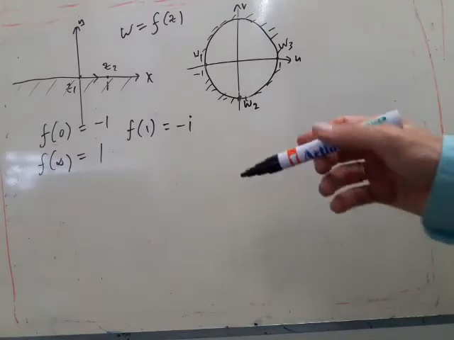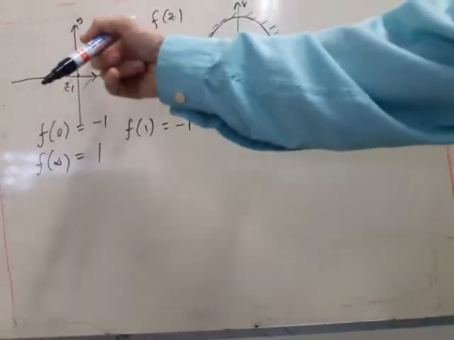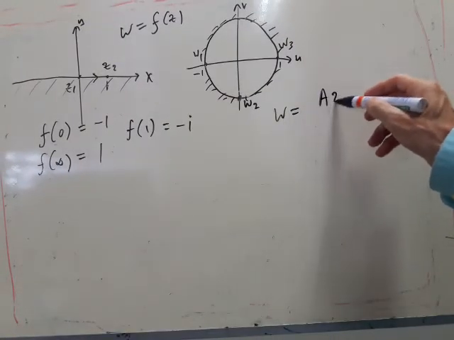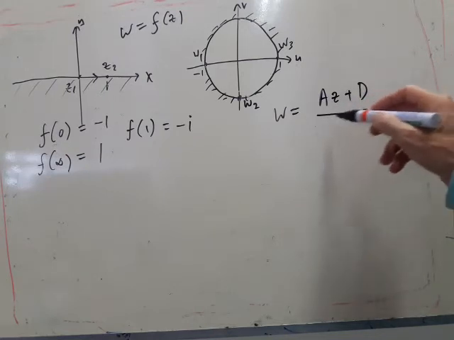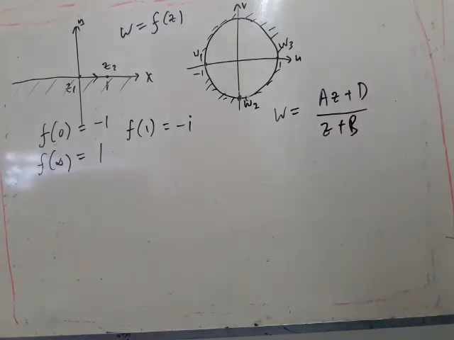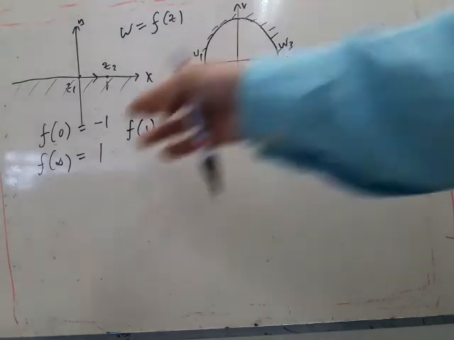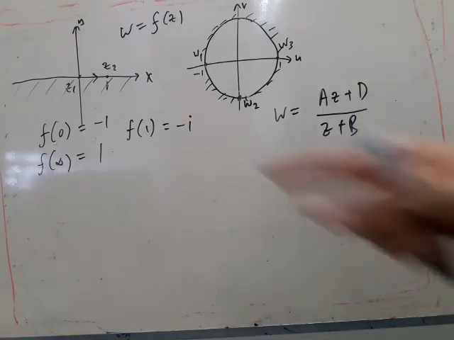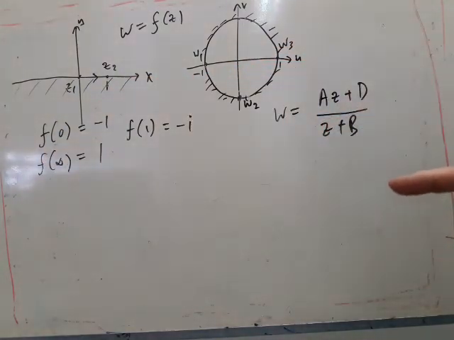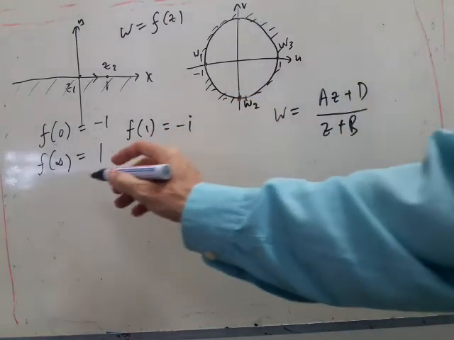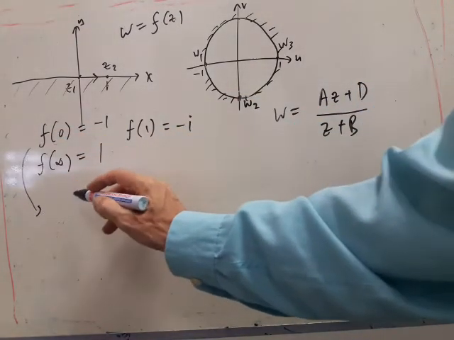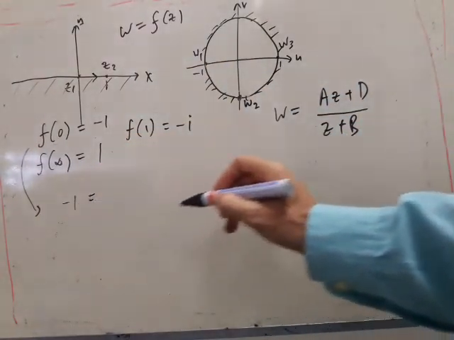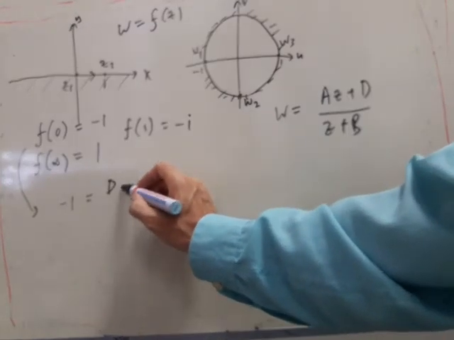So we now need to determine the bilinear transformation which does this, and as I suggested, the easiest way is just to use this form and substitute in these results. If we put z equals 0, this gives us -1 is equal to d over b.